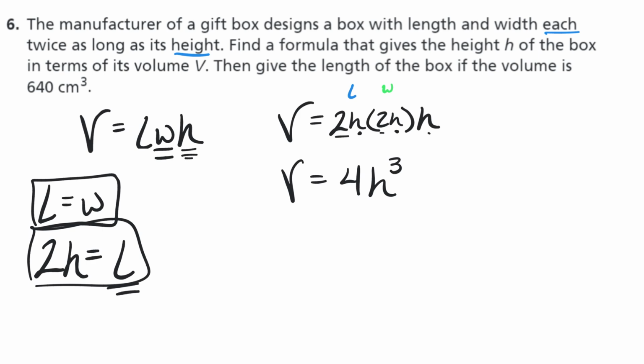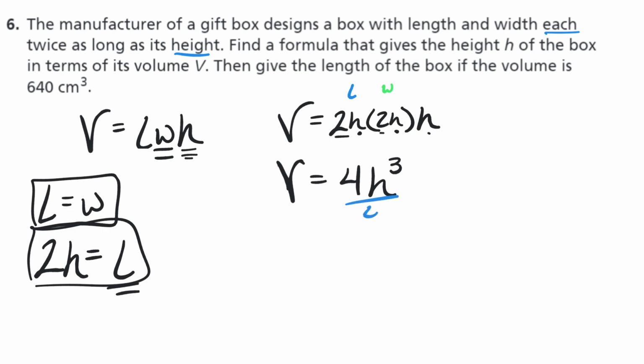Now the first thing it asks us to do is to give a formula that gives h in terms of the volume. Well, this is the volume in terms of the h. So what they're asking me to do here is to find the inverse. And I'm going to solve for the other letter. So we don't need to switch the v and the h because these are not generic like the other ones.